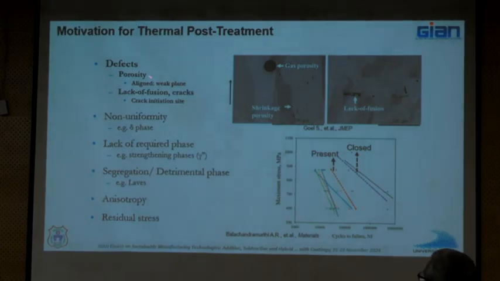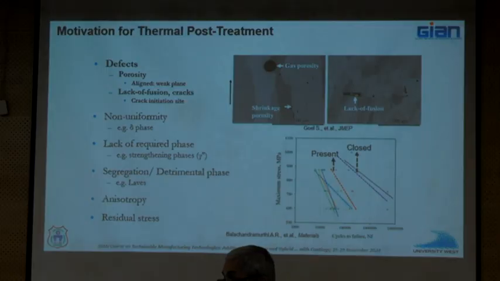The source of this porosity can be anything. It could be shrinkage porosity, it could be lack of fusion, it could be something that we discussed in the morning, originating from your feedstock. Depending on the application, something like this can be a reason for doing post treatment.